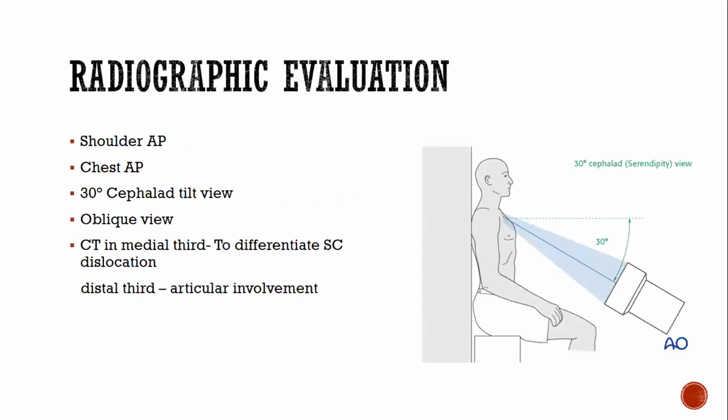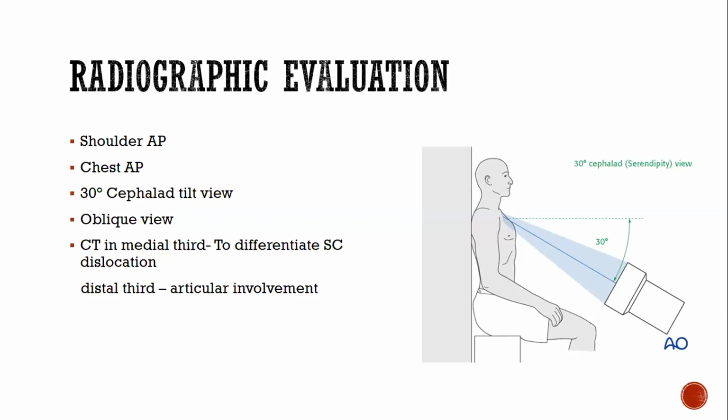In radiographic evaluation, the shoulder AP and 30-degree cephalic tilt view should be taken with the patient sitting in the upright position to assess the fracture pattern and displacement and to avoid thoracic cage overlap. The chest AP X-ray is taken to compare the clavicle with the contralateral side and to look for any thoracic cage injuries and scapular injuries.